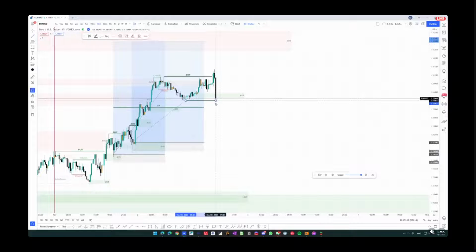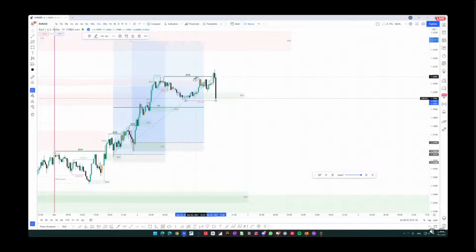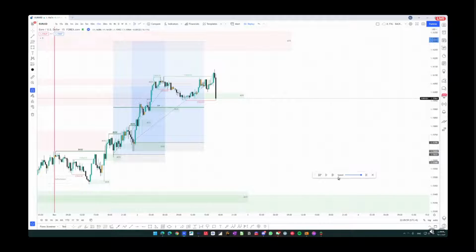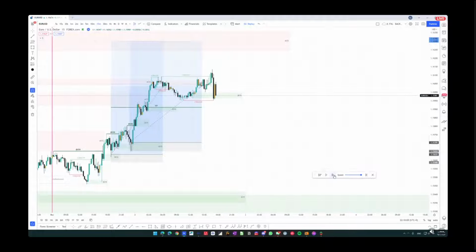It looks like it's going to create another choch. Created, so this one's done. I can delete it. But it's creating.